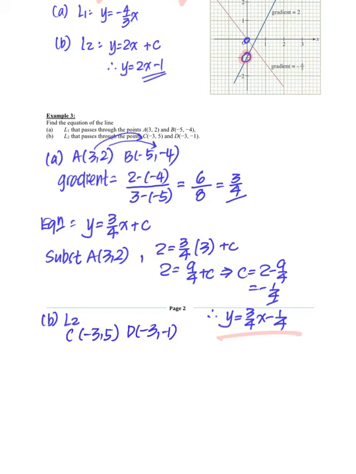So the gradient would be 5 minus -1 over -3 minus -3. So you have 6 over... -3 plus 3 is 0. Undefined.